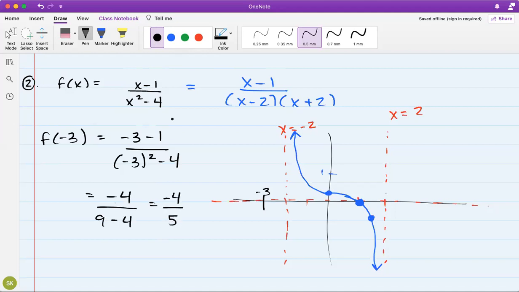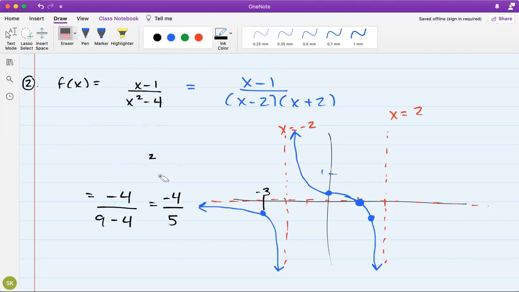This is a negative number, which tells us when we plug in -3, we get -4/5, which is somewhere around here, underneath this asymptote. So what's going to happen? We have to go towards negative infinity, because we can't go this way, we would cross the x-axis. And then we also go towards this asymptote, because that determines our end behavior.